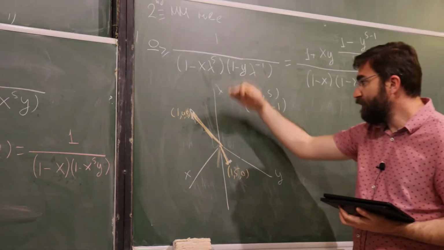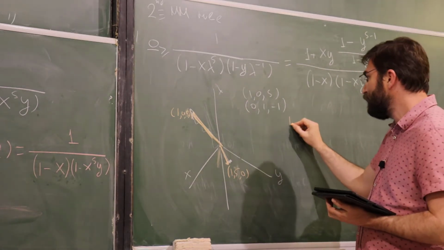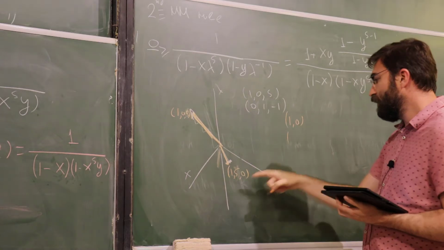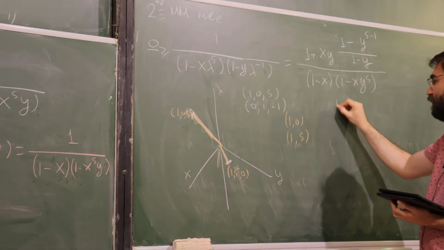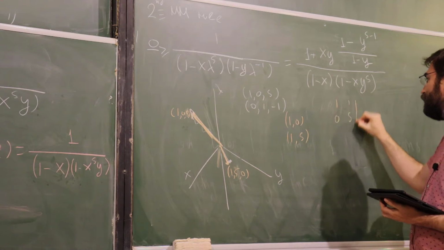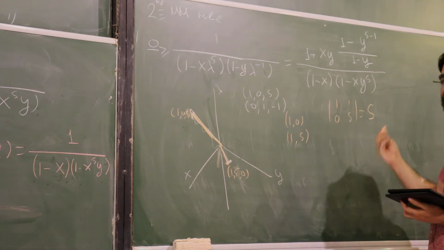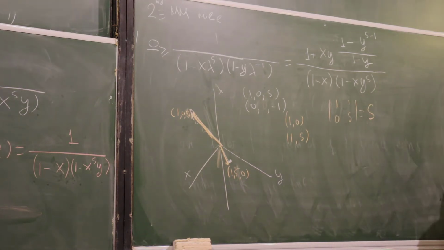So if I project now, what I get is (1, 0) and (1, s). Funnily enough, the determinant of that is not 1 anymore, right? Finally, we will see, after 3 days, we will see a non-unimodular cone.